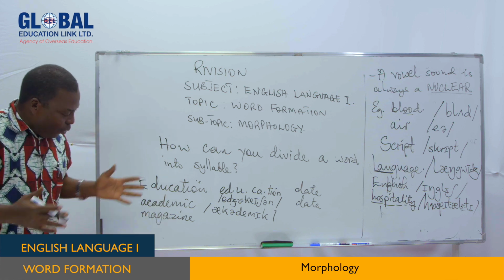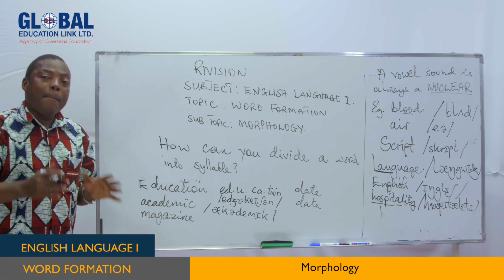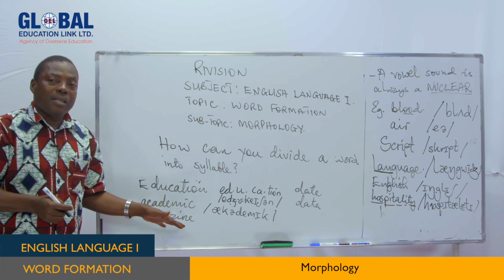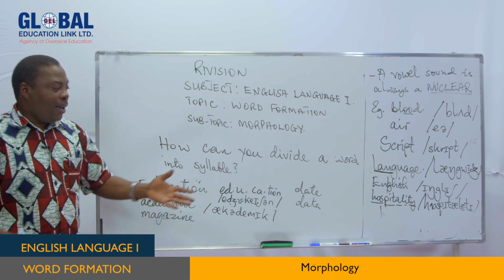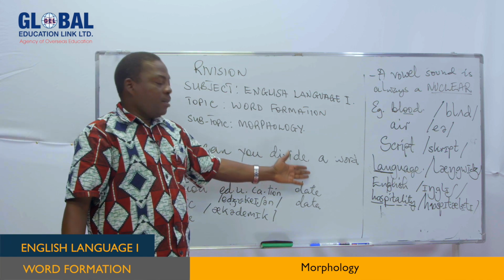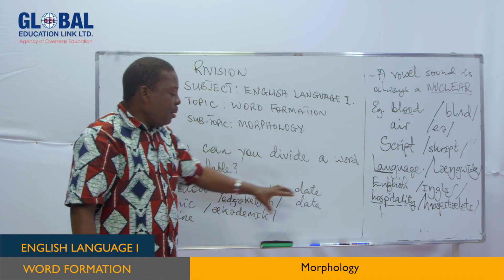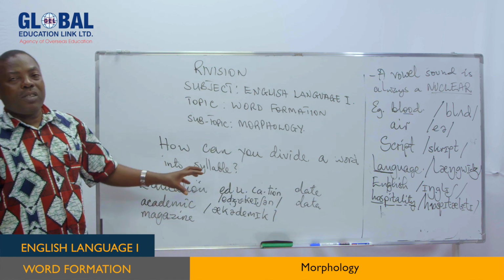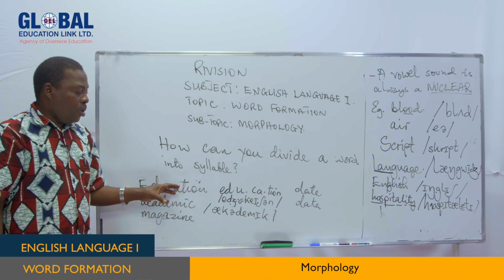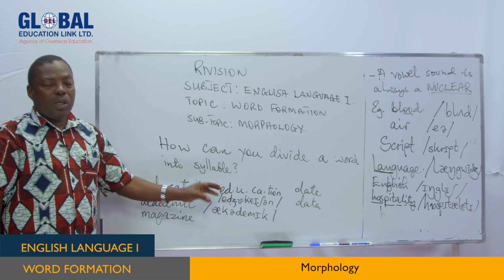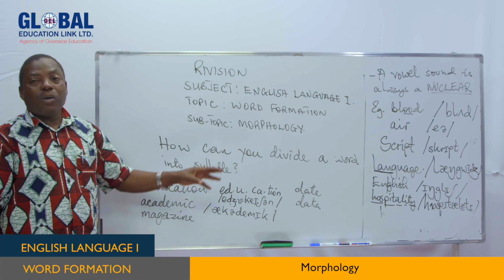This one, of course, if you are in Britain, you talk about magazine, not magazine as you're in America. That is magazine, magazine. Because this is date, and this is data. How many syllables do you have in each of these words? Try to pronounce. Don't look at the way a word spells. Look at the way it is pronounced.